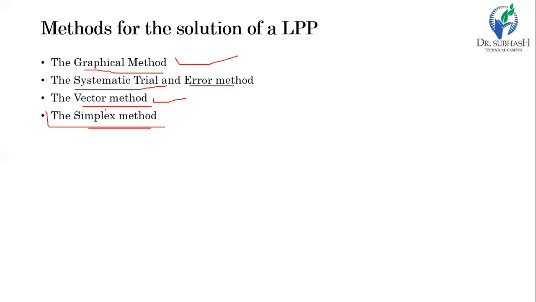In fact, graphical is also simple, but the graphical method has a limitation of only two decision variables, whereas in the simplex method there is no limitation on decision variables. For more than two decision variables, you can apply the simplex method. So let's start the graphical method.